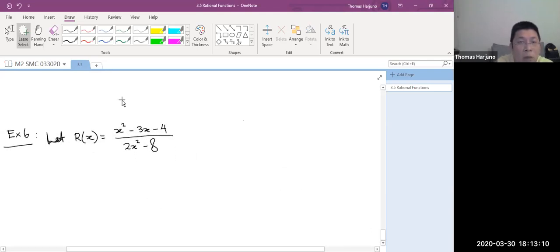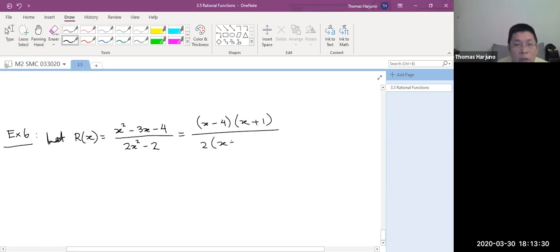But this time I will change the 8 to 2, which then factors to be x minus 4, x plus 1 over 2 times x plus 1, x minus 1.